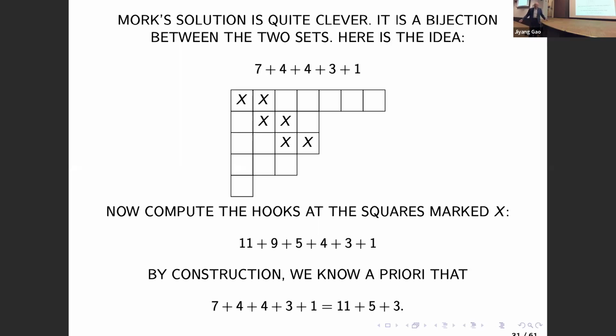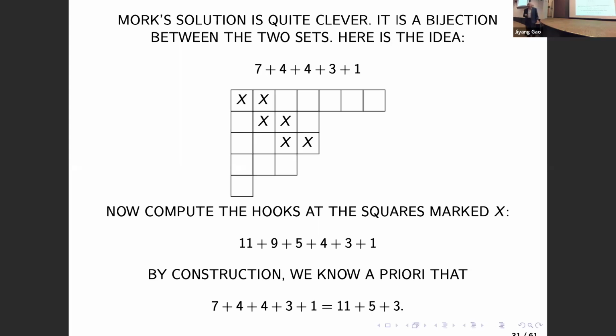And this is a bijection between the ordinary partitions and these partitions into distinct parts where you only pick up the first, third, fifth, etc. Why is that true? If you look at this, this is the hook for the first, this is the hook for the third, this is the hook for the fifth.